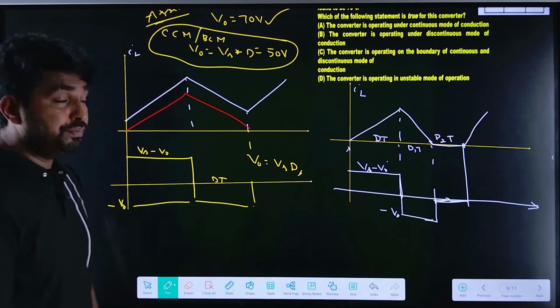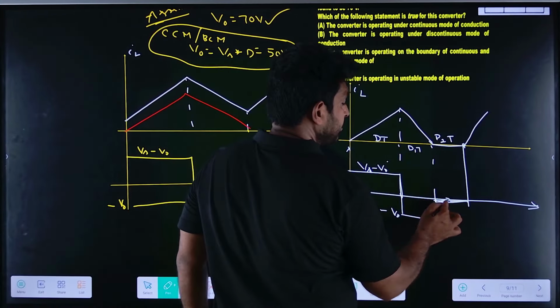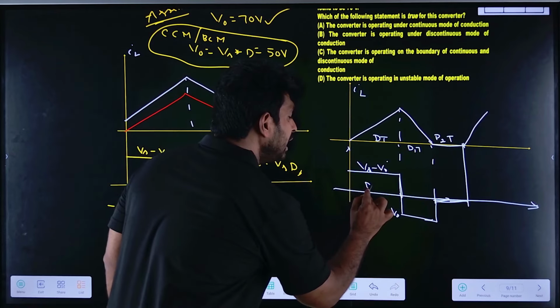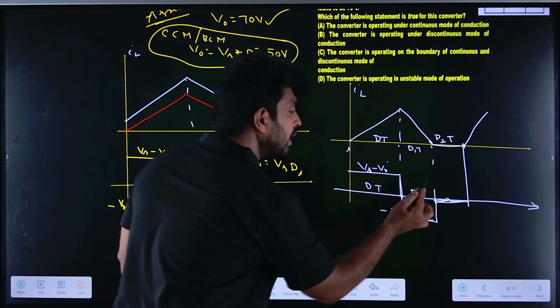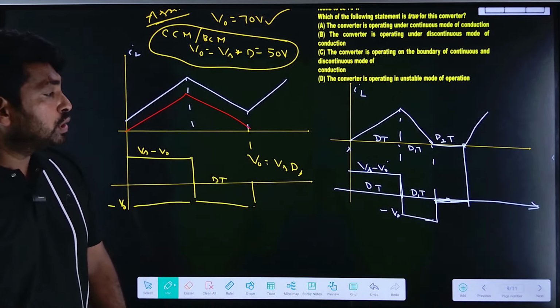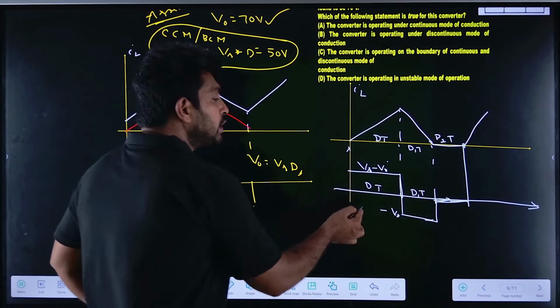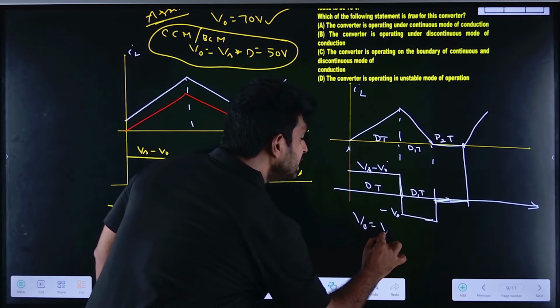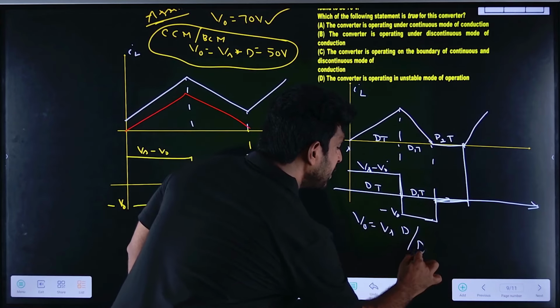So let us see here. It is the dT and it is the d1. If I find this, the output voltage will be Vs into d by d plus d1.